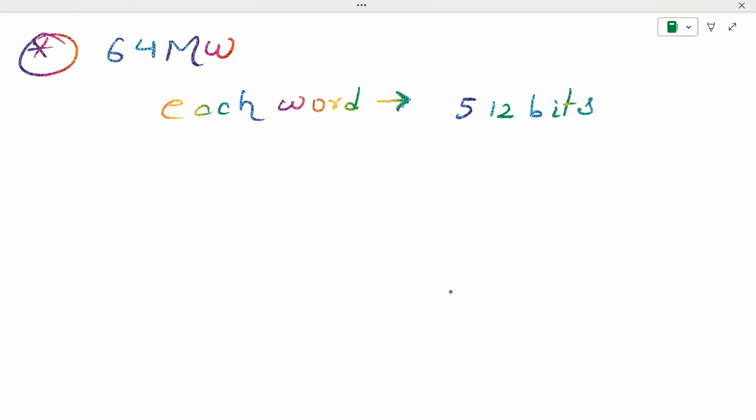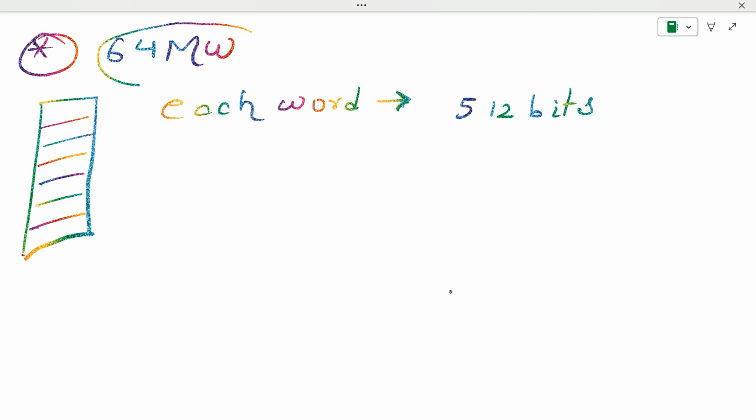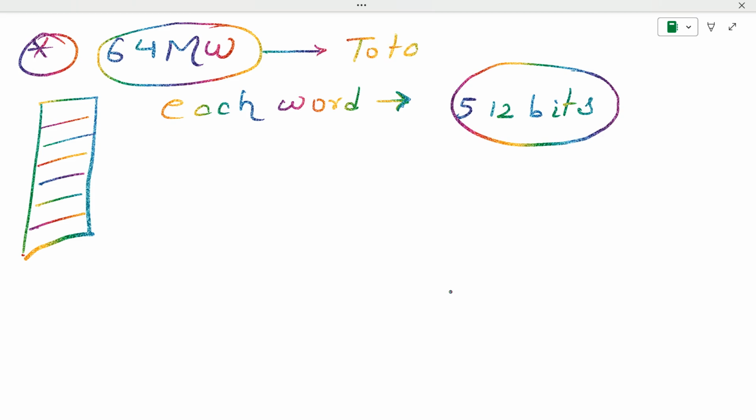So there is a system, a certain memory or RAM or chunk of memory. Now it has 64 megaword, and each word size is 512 bits. So this 64 megaword is the total words, and each word has this size.